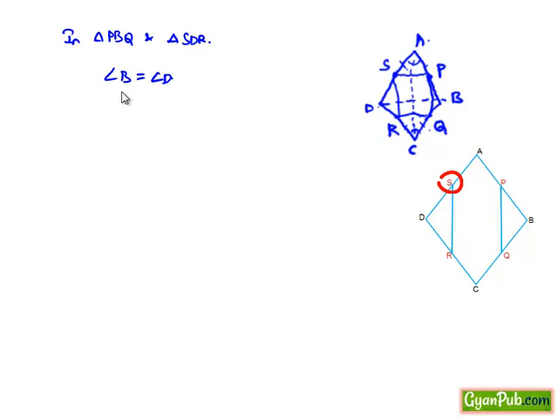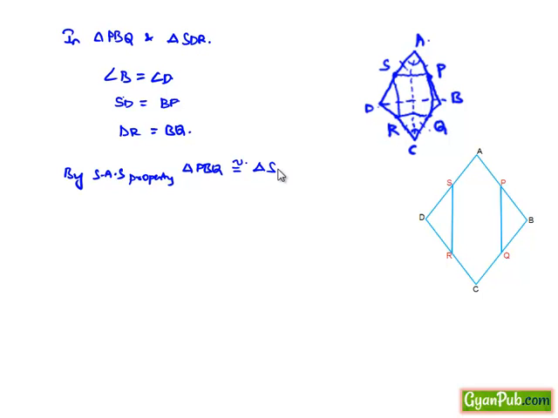Here SD is equal to BP, since S is midpoint of AD and P is midpoint of AB, and AD is equal to AB, and similarly DR is equal to BQ. Now again by SAS property the two triangles are congruent, that is triangle PBQ is congruent to triangle SDR.